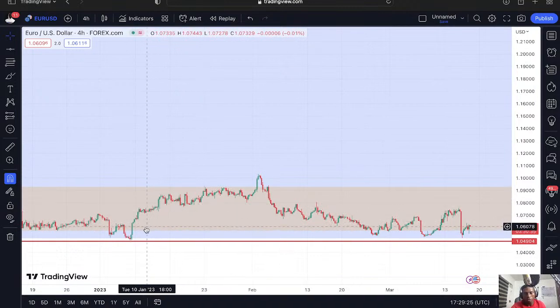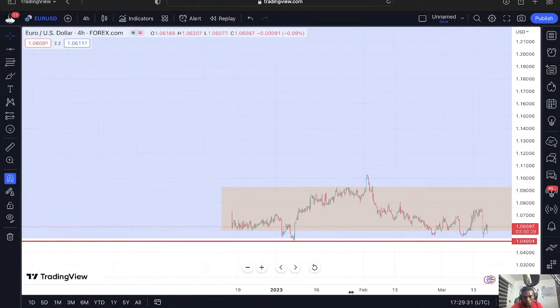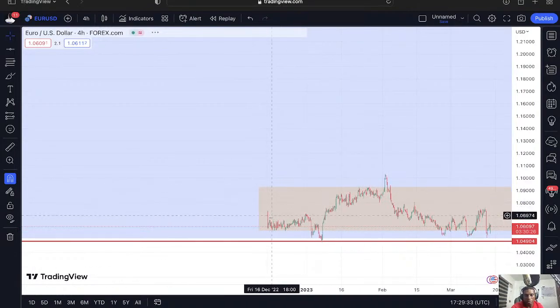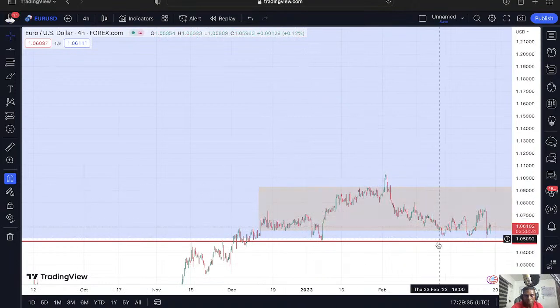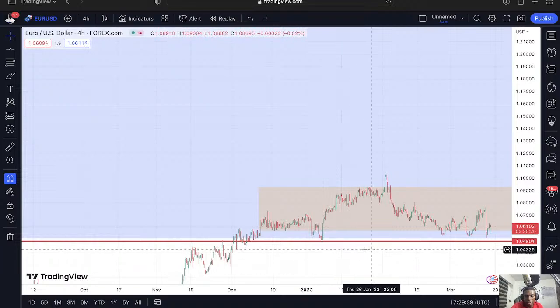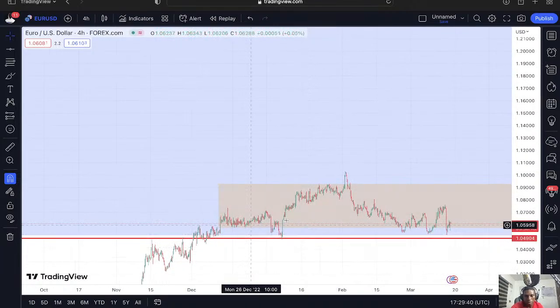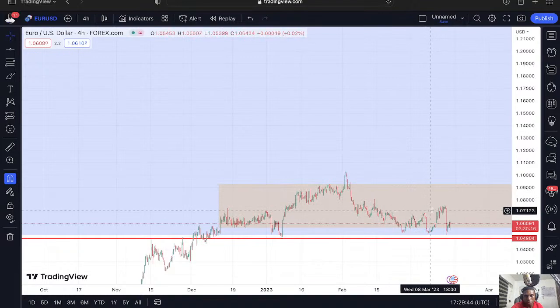Of course, you discover that price has been consolidating only at this region. So if price breaks down below, then we are shorting the market.